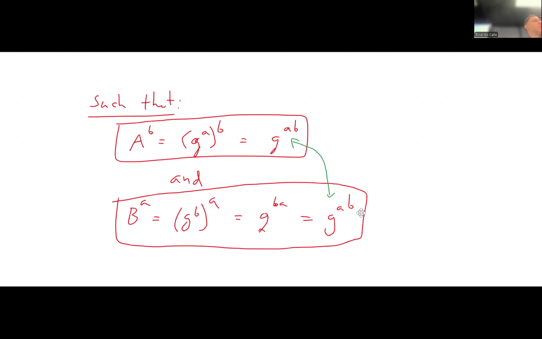This one has these parameters, and then you arrive at the key. So the resulting value, g^ab, is the shared secret key.